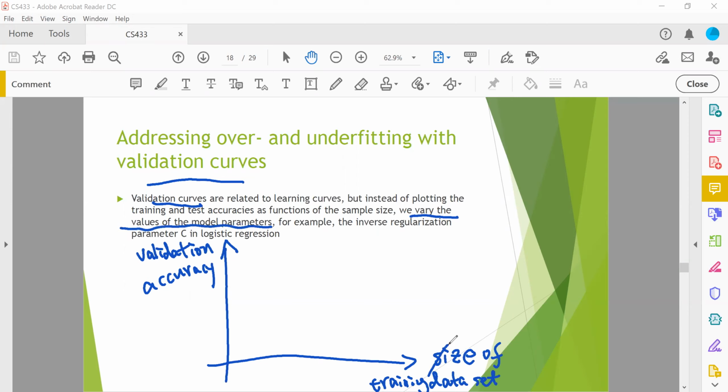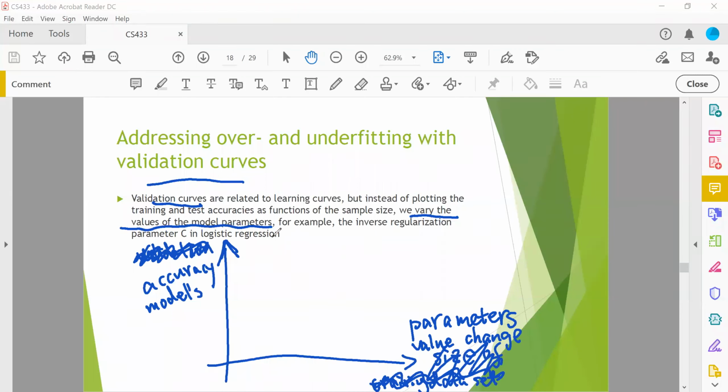Oh, I'm sorry, that's not about the size. I got messed up. It's not the size, it's the parameters over here. Validation is regarding parameters, so the x-axis is the parameter value change, and the y-axis is the model's accuracy.